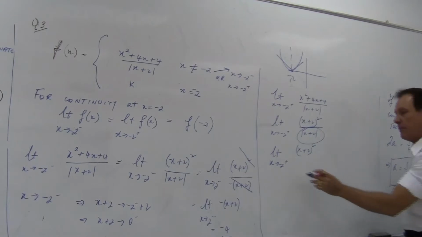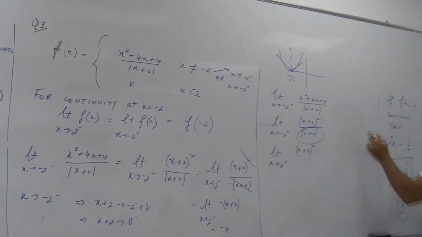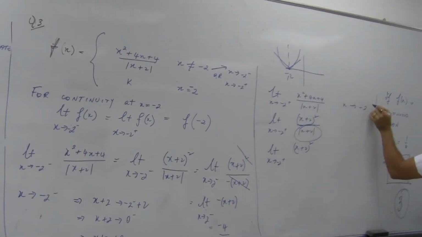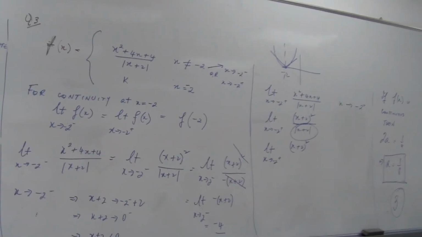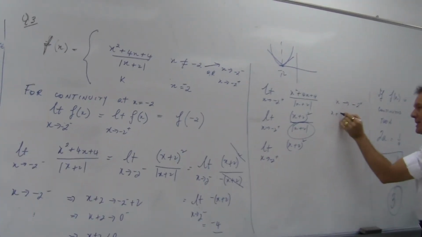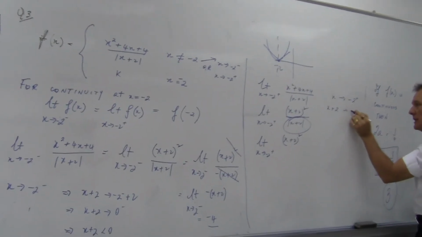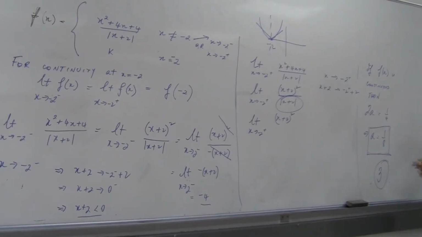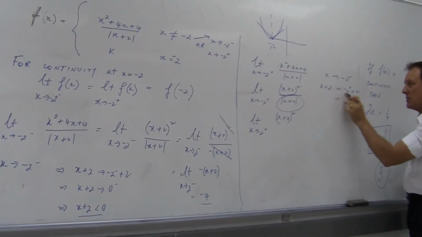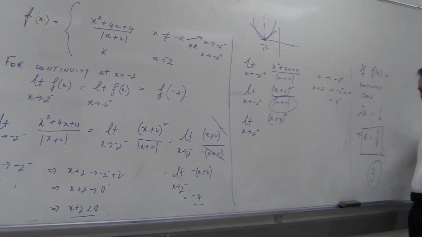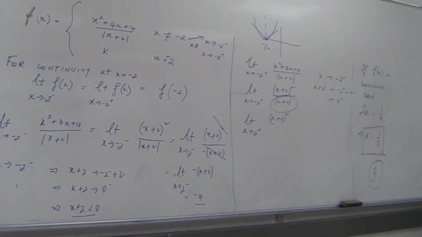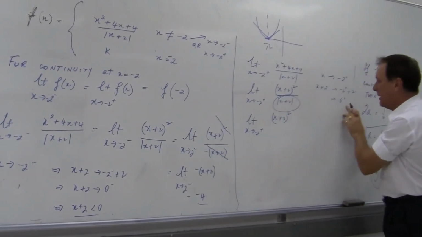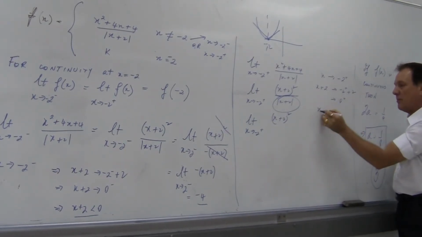Let's have a look. x is approaching negative 2 from above this time, sorry. If I add 2 here, you get x plus 2, you get negative 2 plus 2. So x plus 2 is approaching 0 from above. In this case, x plus 2 seems to be positive.